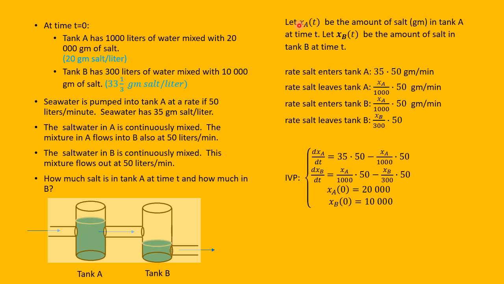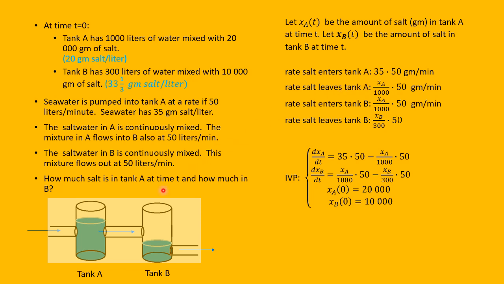So let's do the following. Let's let x sub A of t be the amount of salt measured in grams in tank A at time t, and similarly set up for tank B, x sub B of t. So the rate salt enters tank A is going to be 35 times 50 grams per minute. It's the concentration of salt in the seawater times the flow rate.